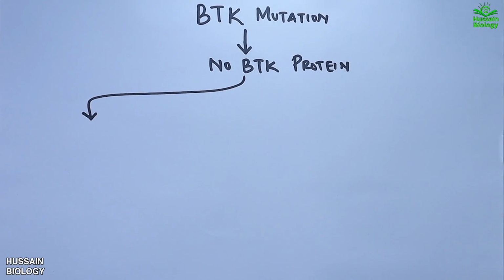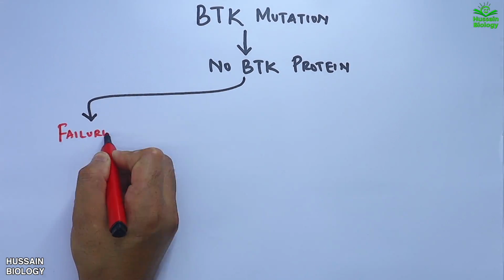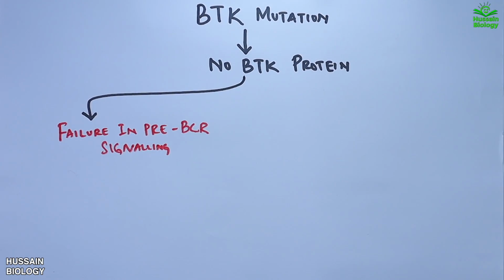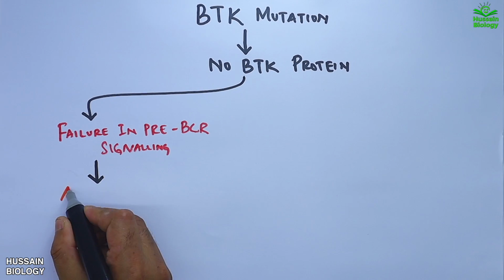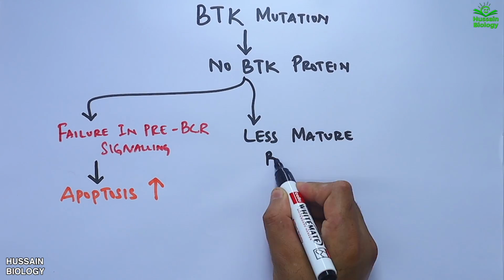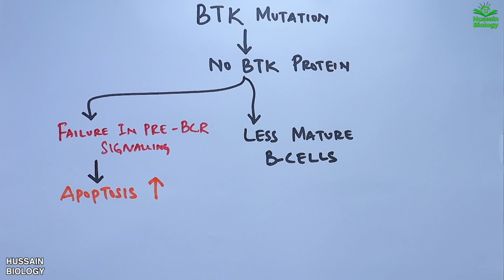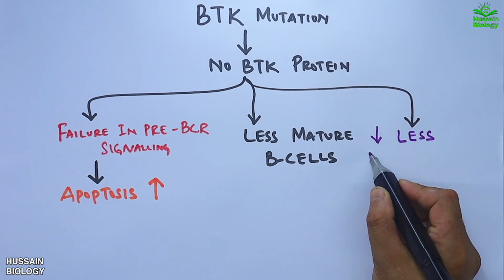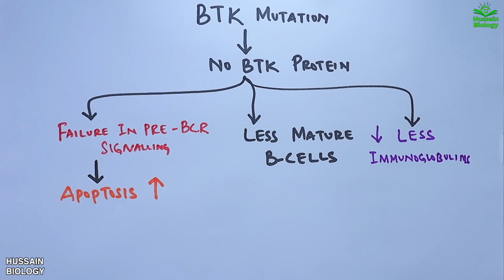So ultimately we see when there is a mutation in the BTK gene, the cell is unable to produce the BTK protein, as we already know that. But what are the consequences later on? We see without BTK protein, there is a failure in pre-BCR signaling. This causes developing B cells to undergo apoptosis. As a result, we see fewer mature B cells in circulation. And because there are fewer B cells in circulation, the production of immunoglobulins or antibodies drops significantly.